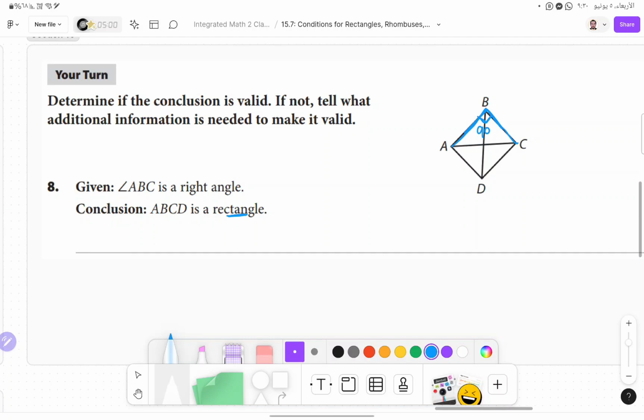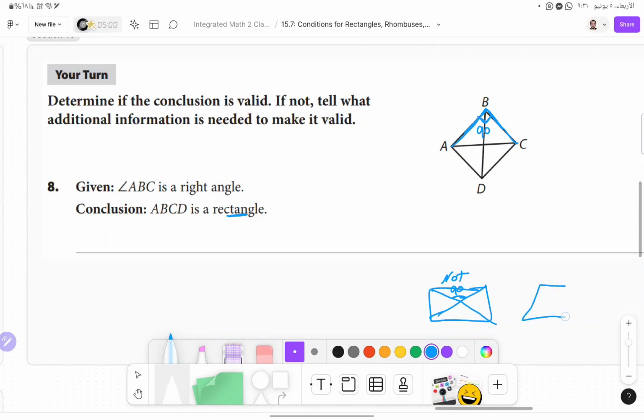We know that a rectangle should have all four angles 90, right? And also the opposite sides are equal. But as you can see here, the diagonals are not perpendicular. If you remember, the diagonals for the rectangle are not 90.